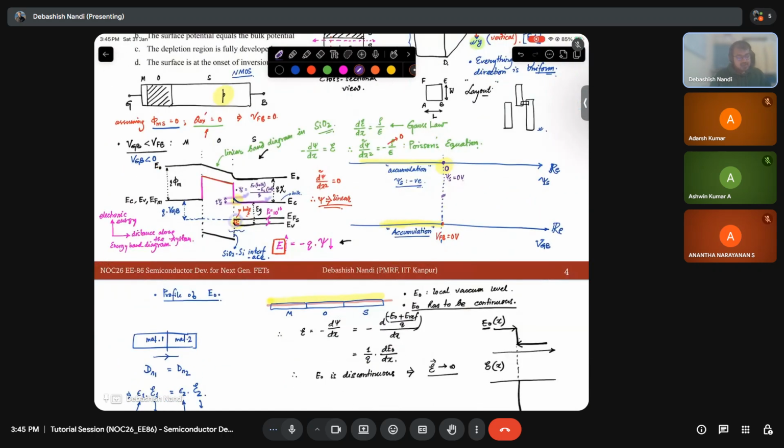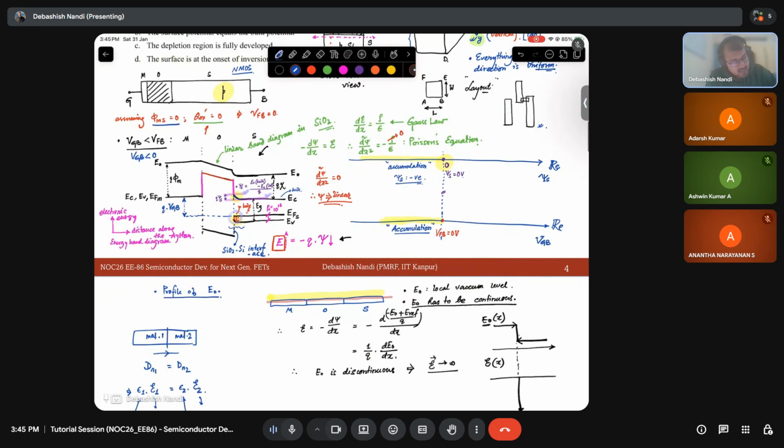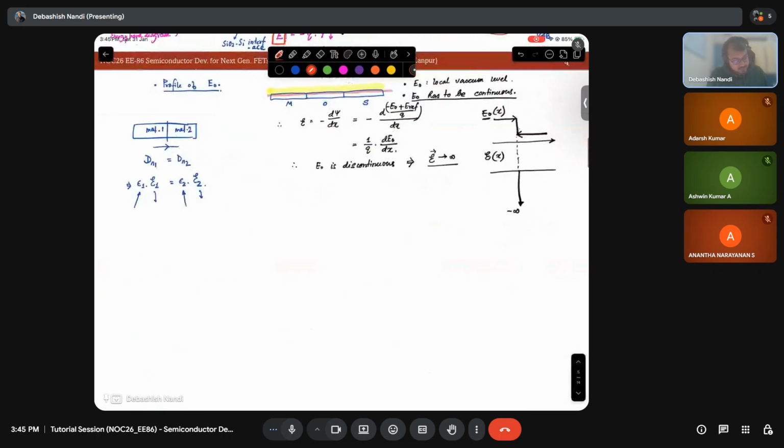Now we will go into the other part, we'll go into this part. There we will have multiple regions of operation. Fine. So let's say I am increasing my VGB greater than VFB by a small amount.